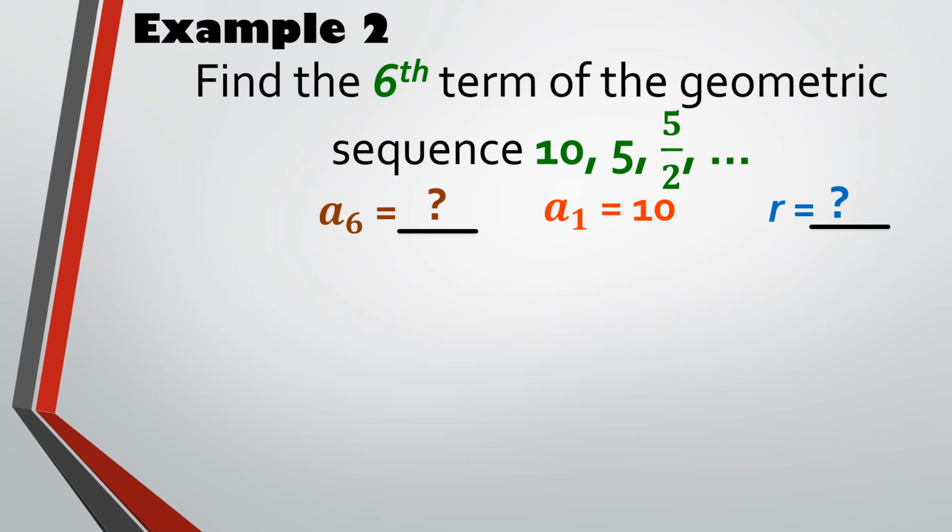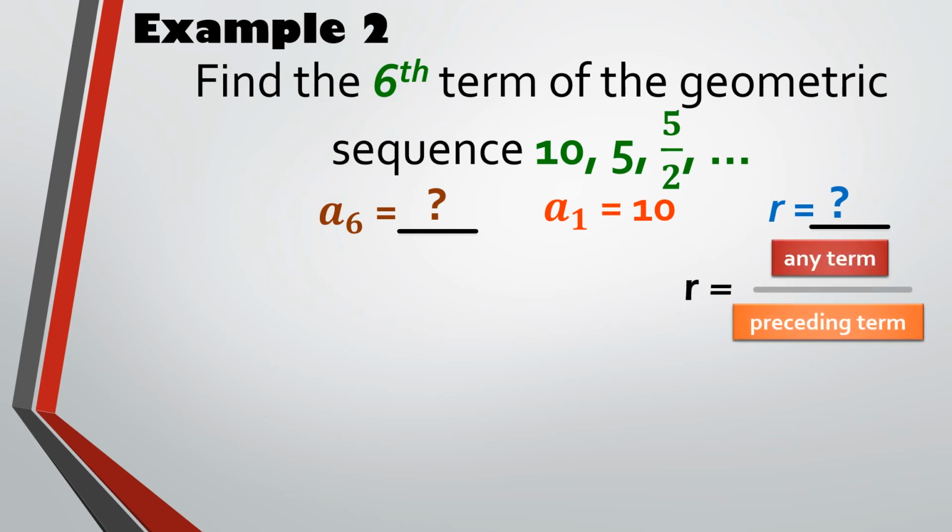Also, to solve for the unknown term, we need the value of the common ratio. So we already know how to solve the common ratio. So let us check. r is equal to 5 divided by 10. So what is 5 divided by 10?